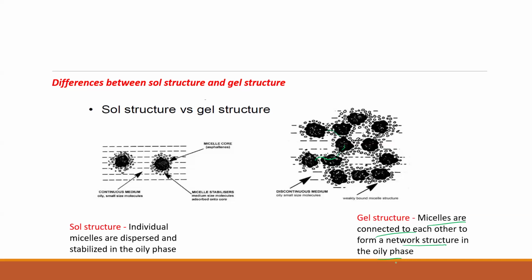When we have more asphaltenes, we have a gelatinous structure. When you increase the asphaltenes in a sol structure, it will become a gel structure. Bitumen has all four things together: asphaltenes, resins, aromatics, and saturates. All four together we call the bitumen.